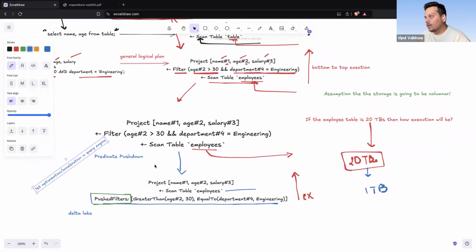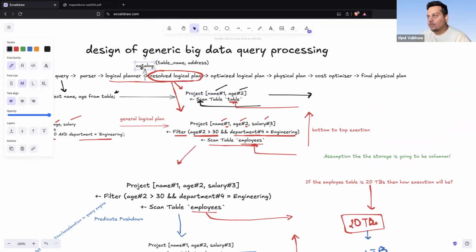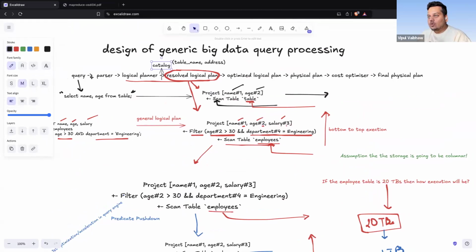Now there is one more thing which I had spoken about here. You have got a query. The query was a string. We got that query in a resolved logical plan. Logical plan looks like this. And we have got an intelligent and optimized logical plan as well. But you need to locate and read data in memory from the table.